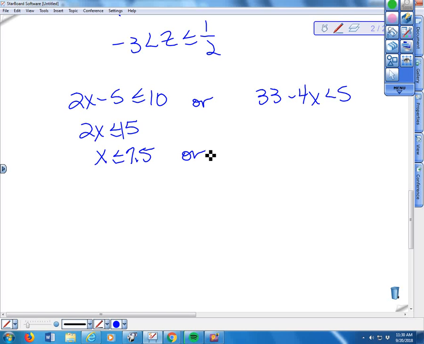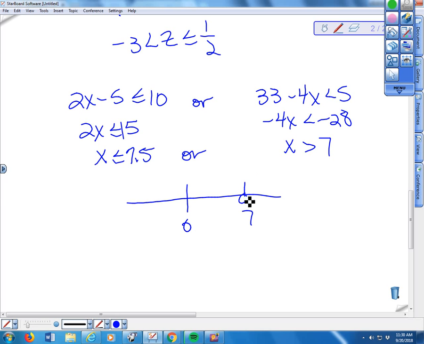Or negative 4x is less than negative 28. Divide by negative 4, flip the sign, x is greater than 7. If you graph this, I have x greater than 7 and less than or equal to 7.5, and it's an or. So all real numbers meet this criteria. This is just like the quiz question we had.